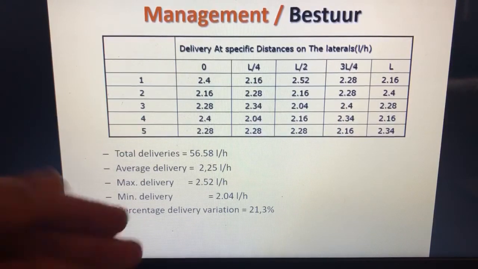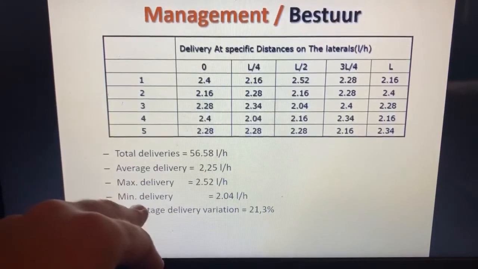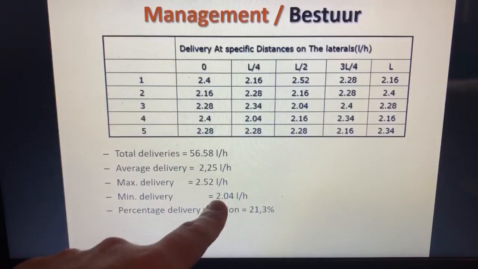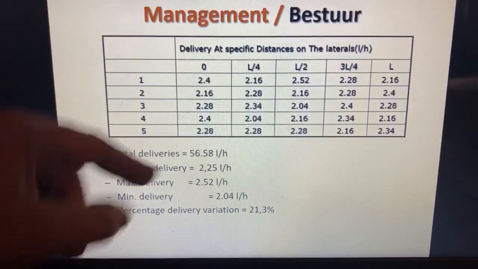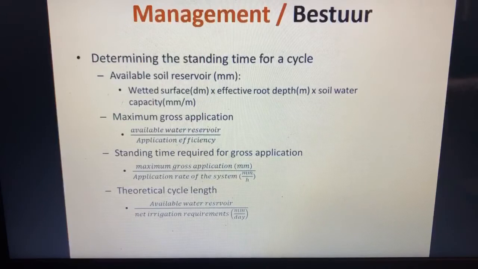For this example, your maximum was 2,52, your minimum was 2,04, so you took 2,52 minus 2,04 and divided your answer by 2,25, and then multiplied that by 100 to get a percentage value. Because the variation is 21,3%, you know that some emitters need to be replaced because it is more than 10%.